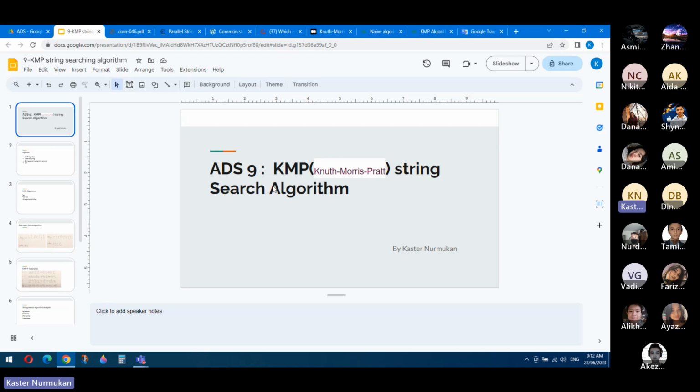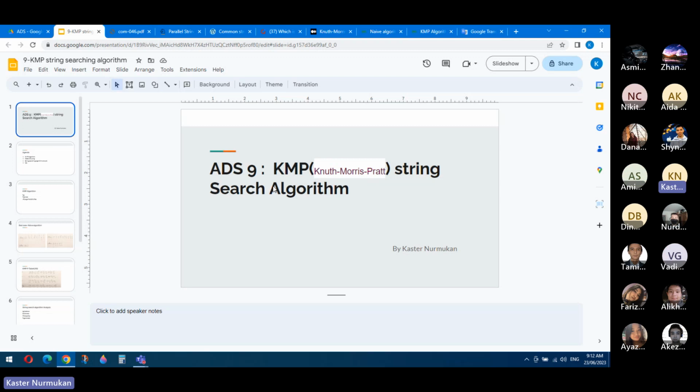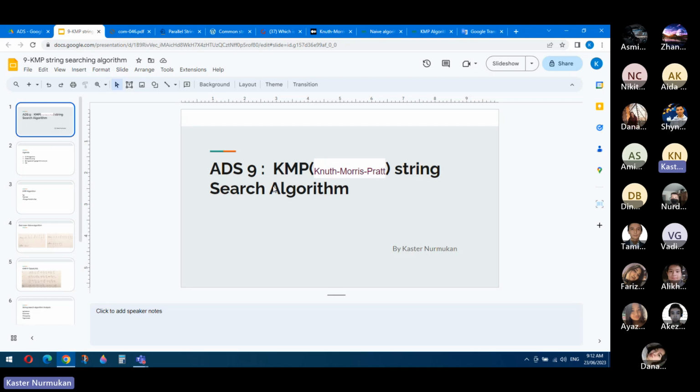So the time complexity is the same, m plus n. If m is small, then it is approximately linear time complexity, which is not bad.